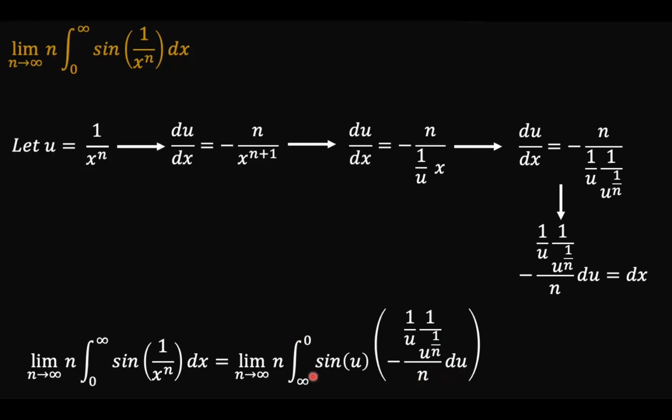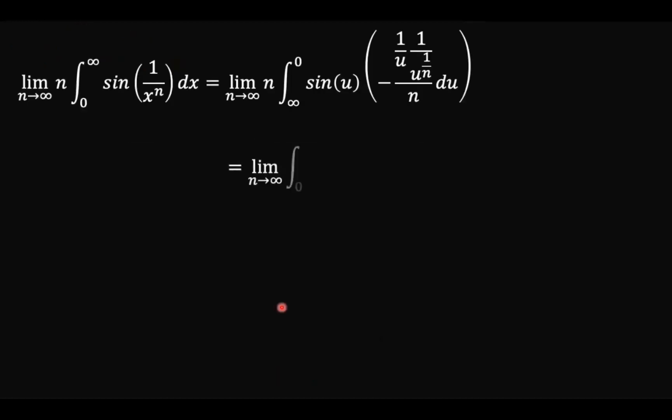So we can see here that this n and this n would cancel out, and so we are left with the limit of 1 over u to the power 1 over n, times sine u over u. Now, because of this negative sign, we can flip back the limits so that now 0 is the lower limit and the upper limit is infinity, and the negative sign disappears.